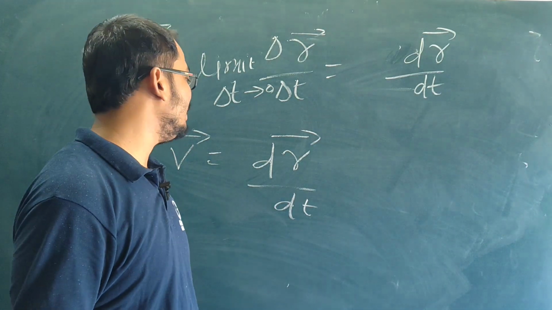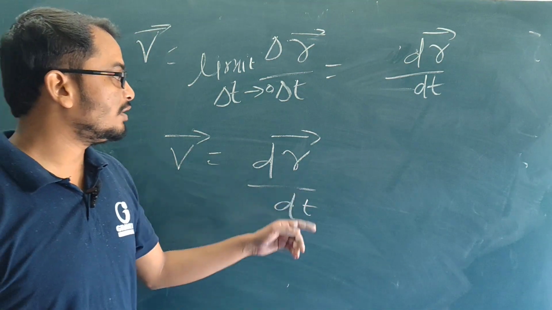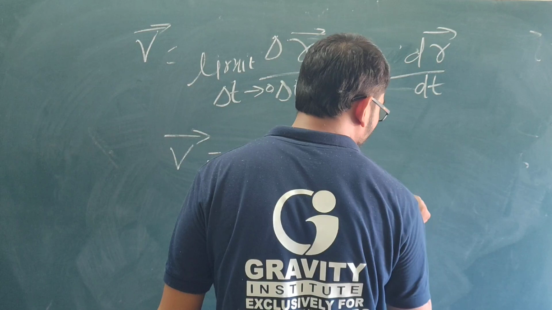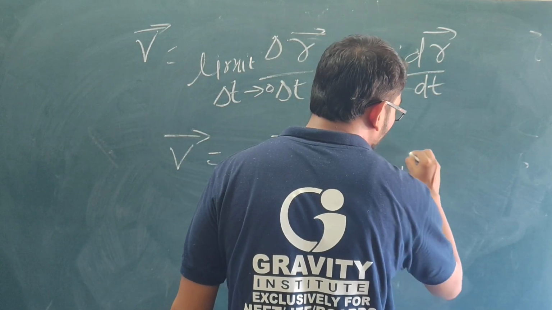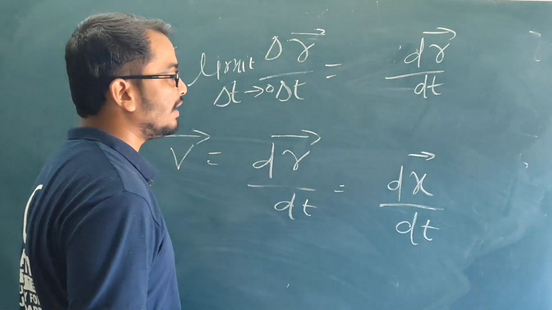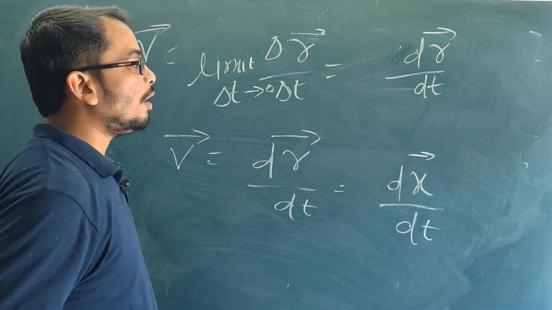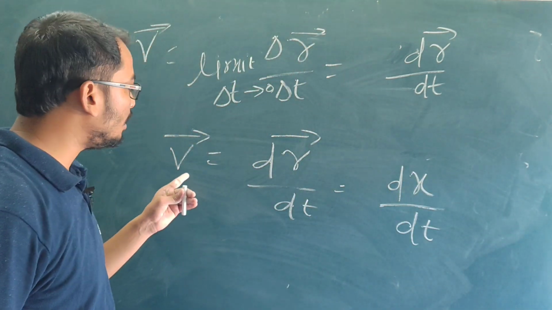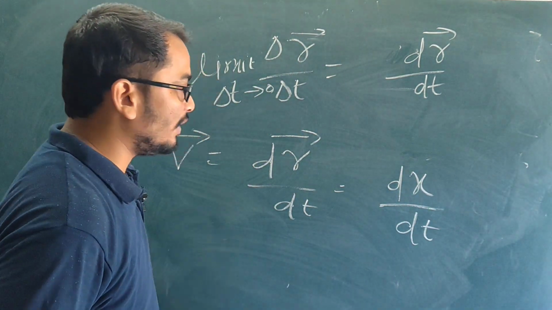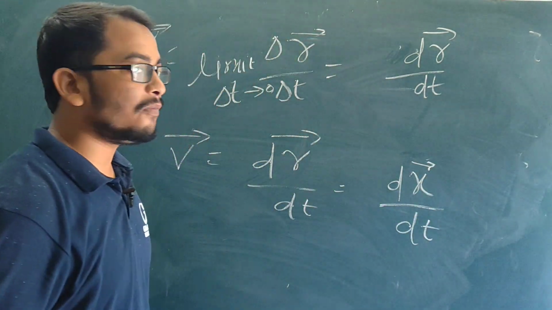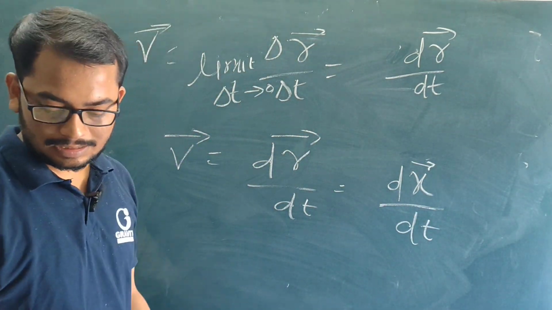What will be the direction of instantaneous velocity? If the particle is moving in the x direction, this instantaneous velocity will be dx i divided by dt. It is the slope of the tangent of the position time graph. The direction of instantaneous velocity is along the tangent, and the direction of average velocity will be R final minus R initial.